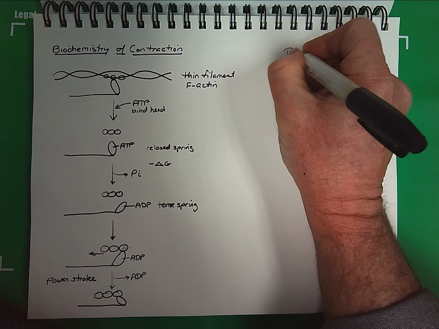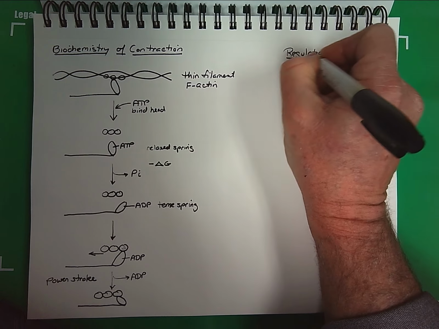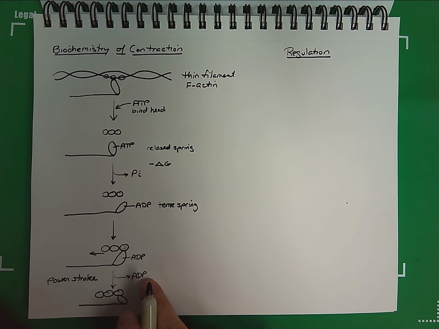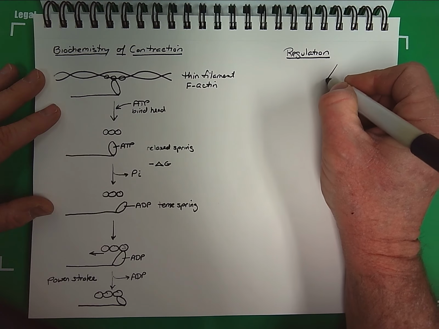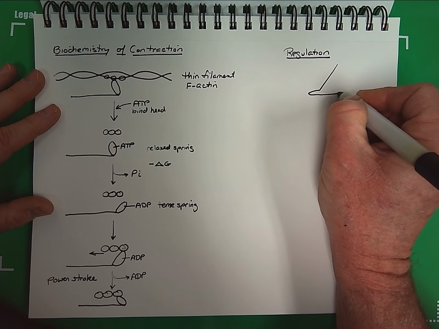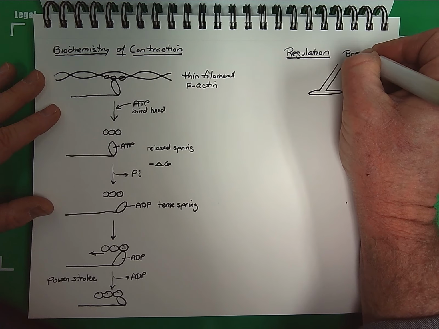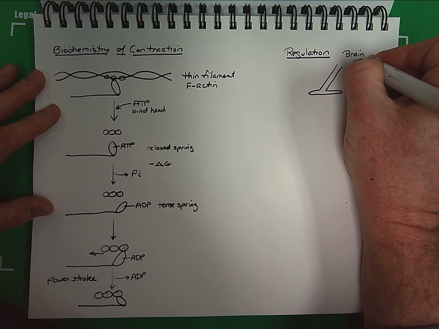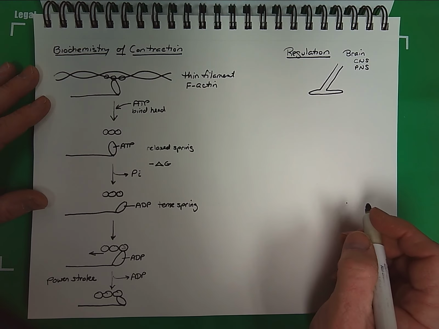Now, regulation. Of course, we want our actin-myosin interactions regulated so that contraction is a controlled, smooth event. And so what we are going to have here is neural conduction. This, of course, is coming from our nervous system, from our central nervous system and our peripheral nervous system.